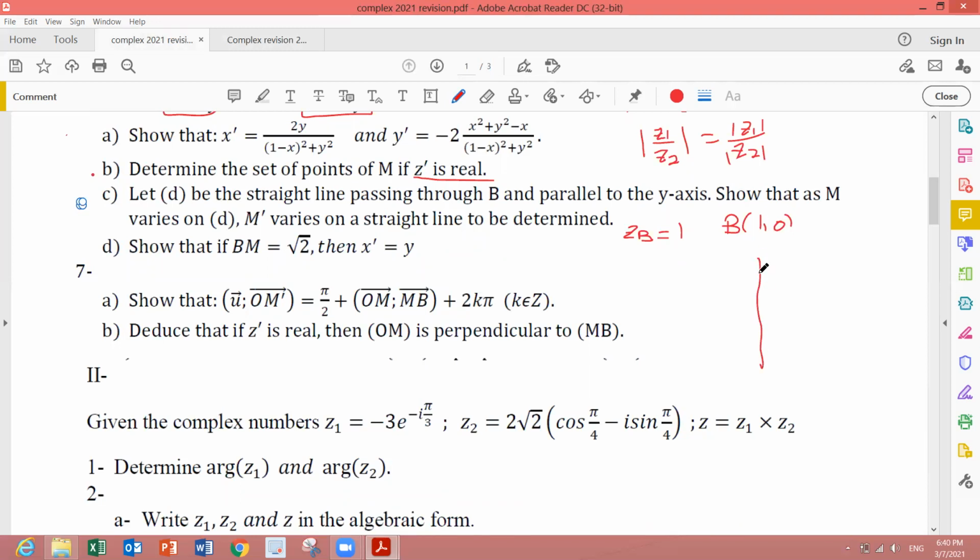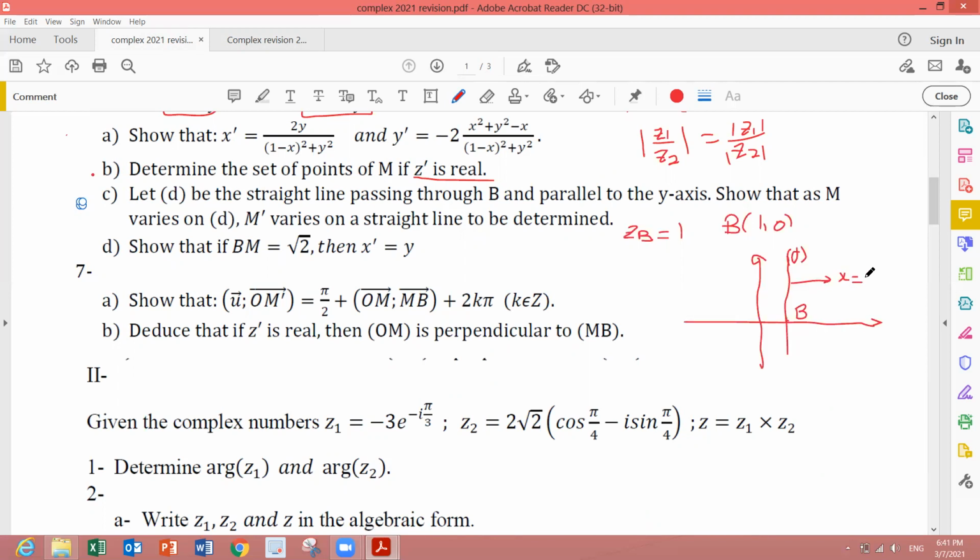This is the orthonormal system. This is B, (1, 0). And this is the line D. This line will have an equation x equal 1.